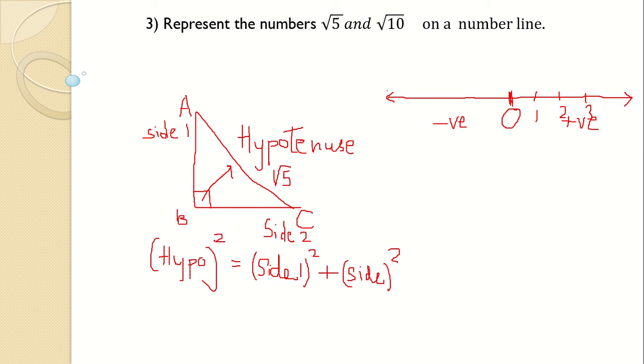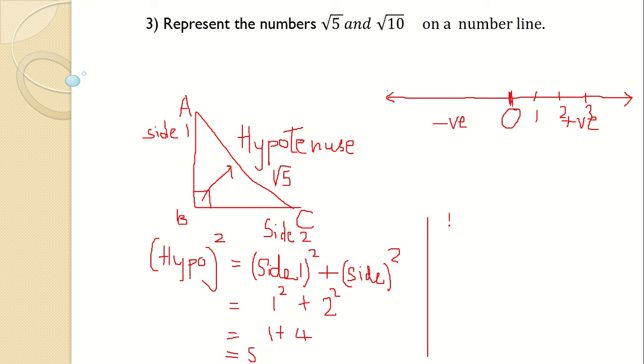You have to think and take them. Let me check. If I take side 1 as 1 unit and side 2 as 2 units, then what do I get as hypotenuse? 1 square is 1, 2 square is 4. So hypotenuse square is equal to 5.